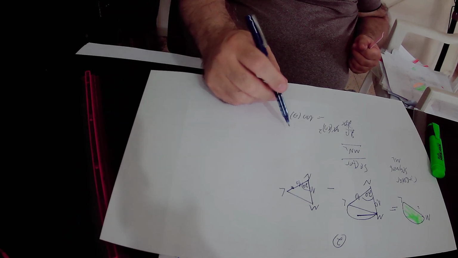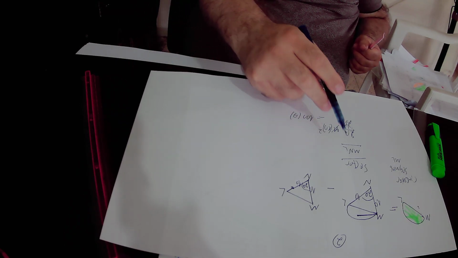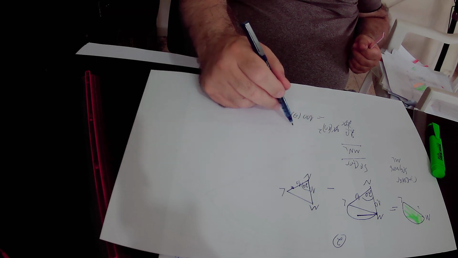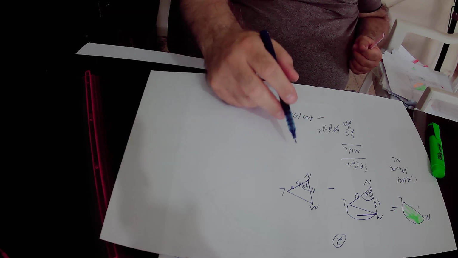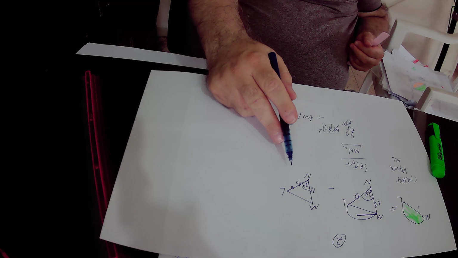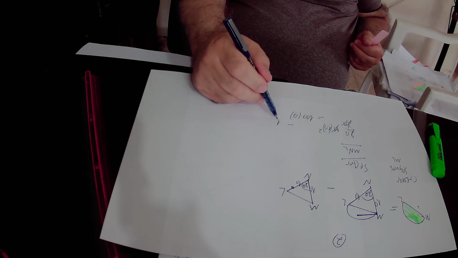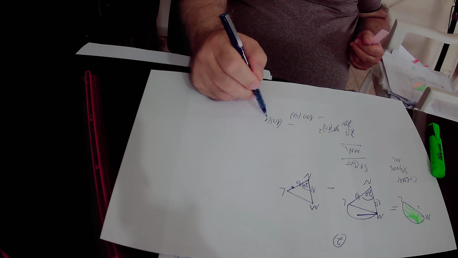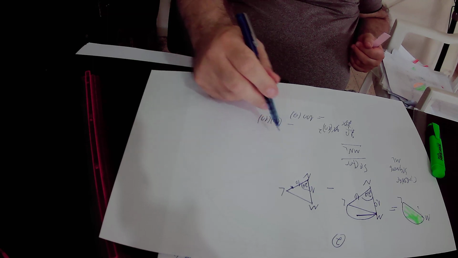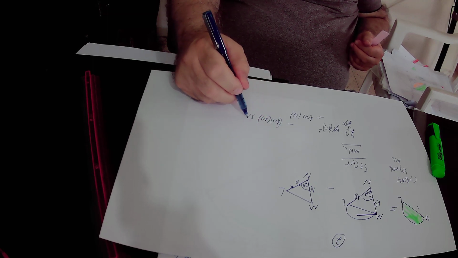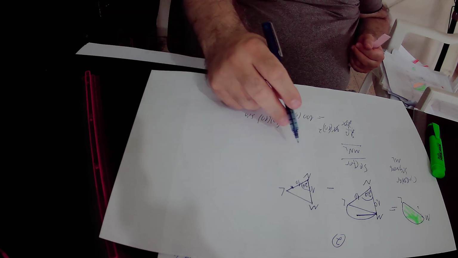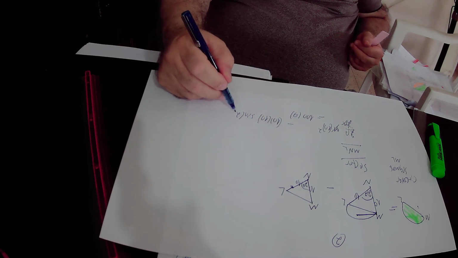We have to subtract from the area of sector MNL the area of triangle MNL. The area of triangle MNL equals the multiplication of the two sides, 10 times 10, times sine of the angle between the sides, 2 theta, over 2.